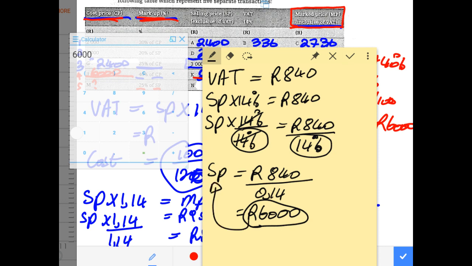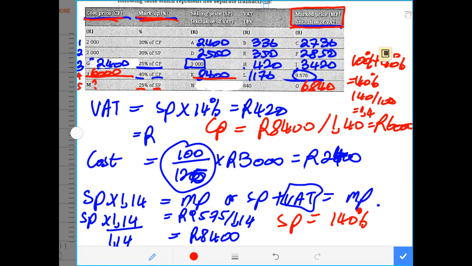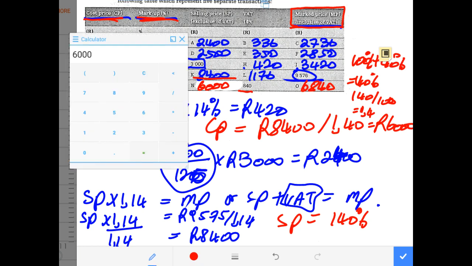Okay, let us go and paste the selling price and check if our figure is correct. So now under our selling price, we see that there is 6,000, and we know that VAT is 840. So 6,000 plus 840 will be 6,840. So surely we are 100% correct with the calculation of the marked price of 6,840 rands.